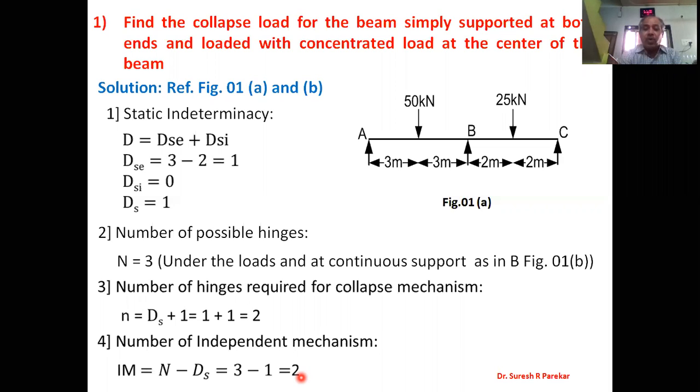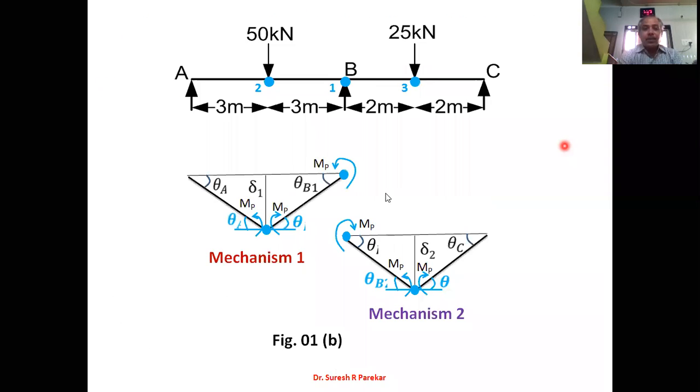So now you can go for the virtual work method, where external work done equals internal work done. Now you can see 2 mechanisms. One is for AB, another for BC. Here we have the number of hinges required for collapse as 2, so we have to consider a maximum of 2 hinges, not less than 2.